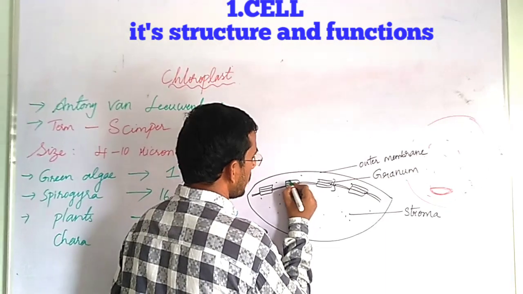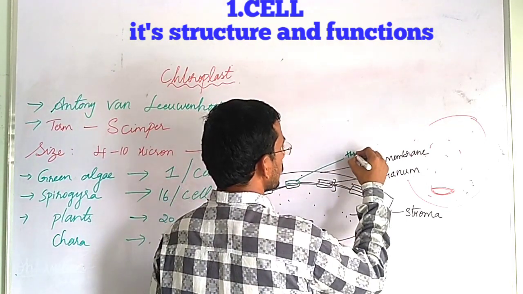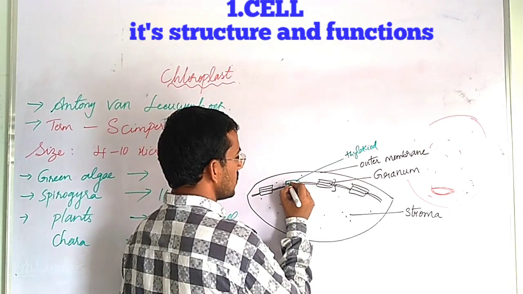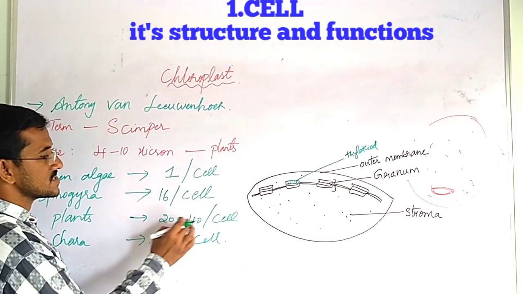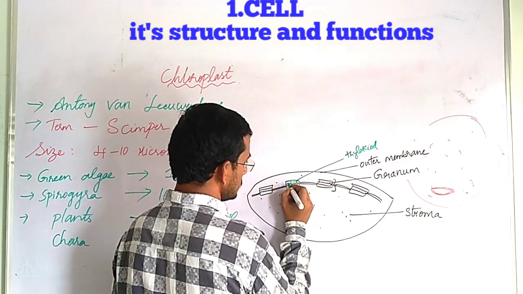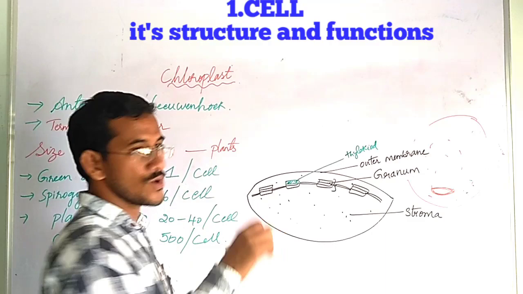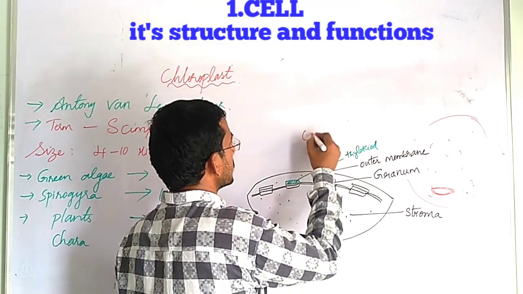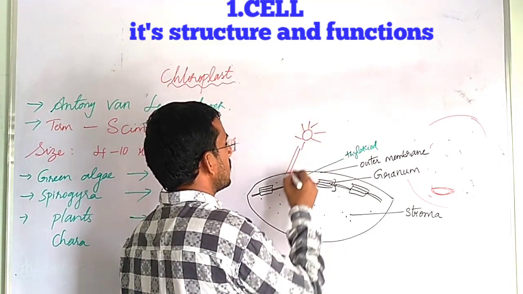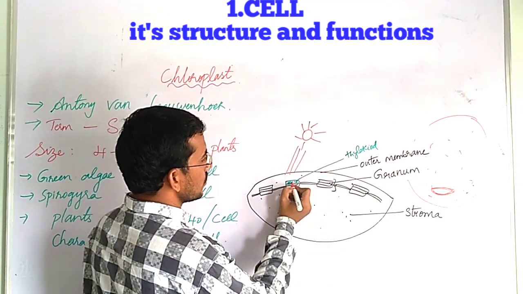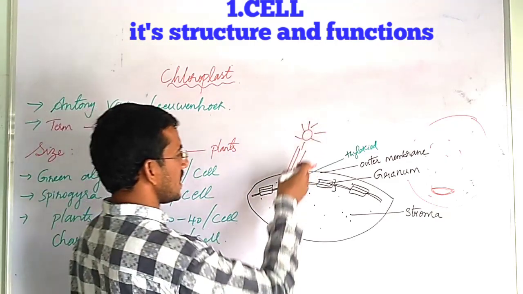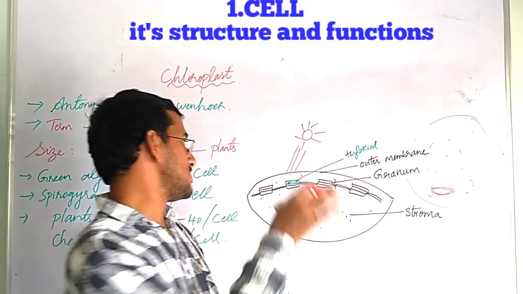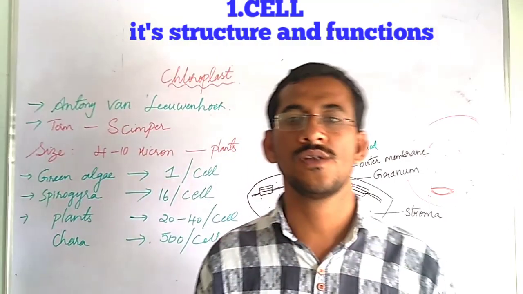This one compartment is called a thylakoid, and all these thylakoids together we call a granum. The chlorophyll present in the thylakoid traps sunlight and converts solar energy into chemical energy, which helps in the synthesis of food, the preparation of food.